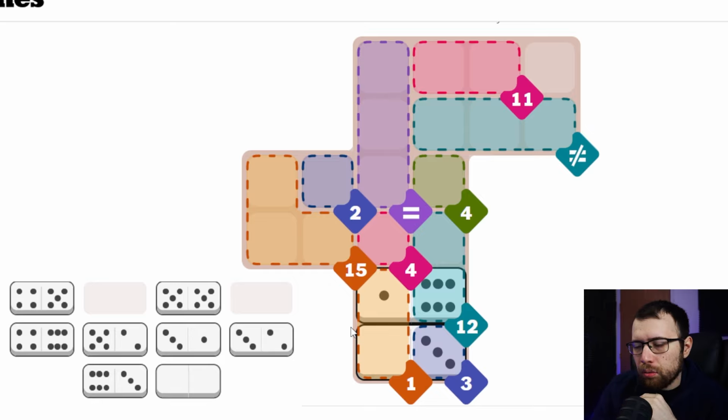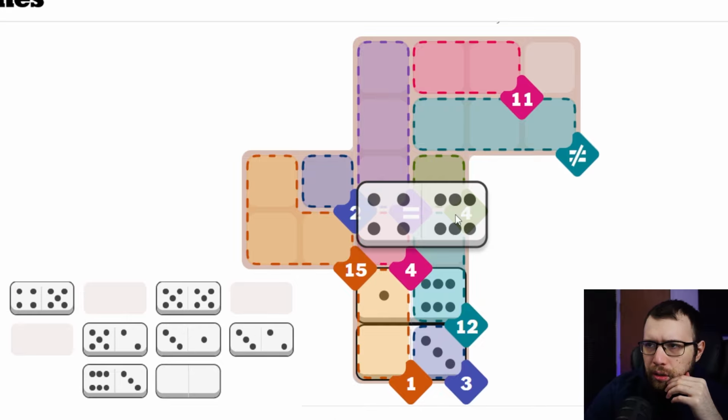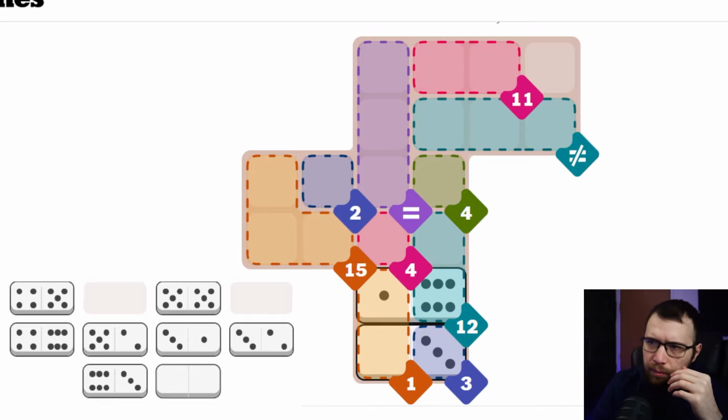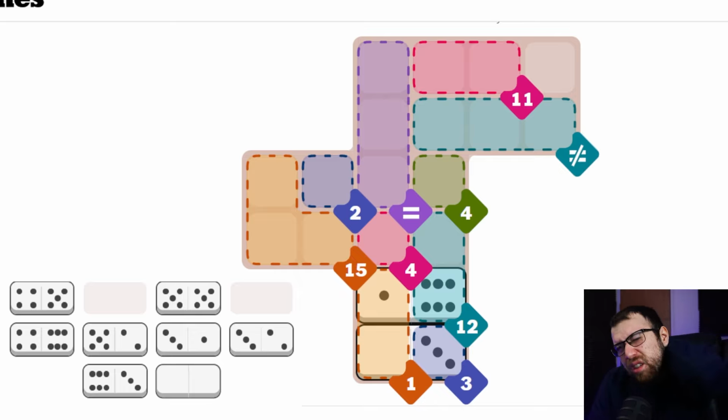There's also something like 6-4-5. We know we can't put the 6-4 in there actually because this one has to be 6-4. So having eliminated that, there's no way to do like 6-6-3. I don't think that's possible.